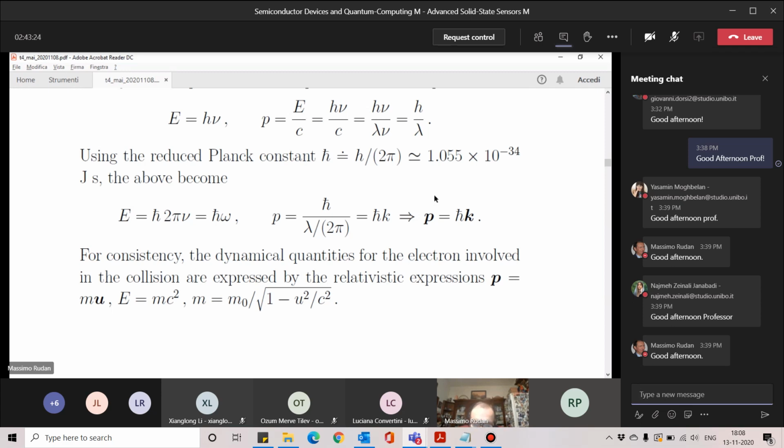The electron initially is not moving, it is in the origin. And the photon is moving on the xy plane, so the initial velocity is on the xy plane. So we can treat the problem as two-dimensional. The particle will never come out of this plane.